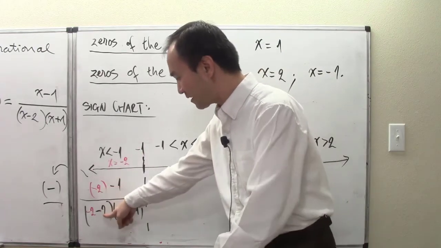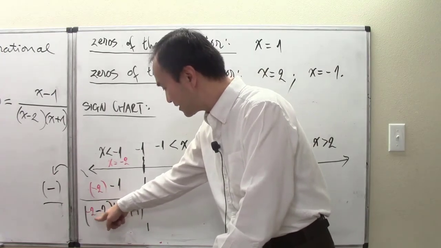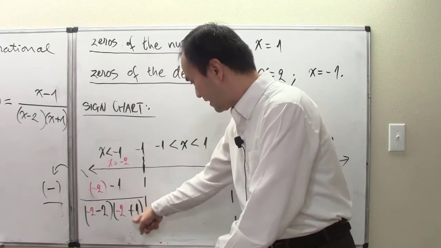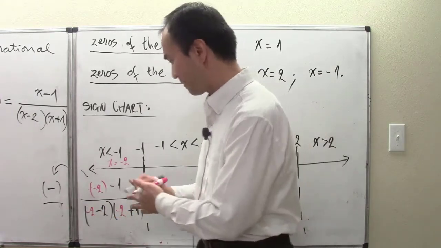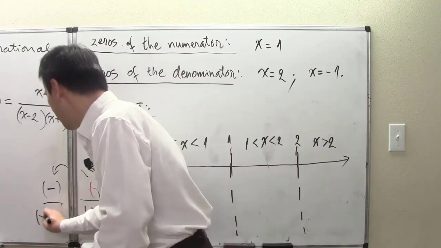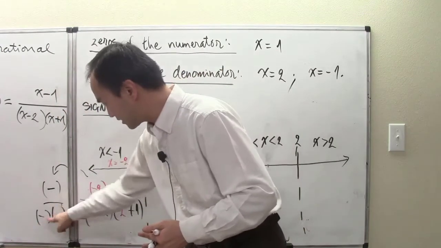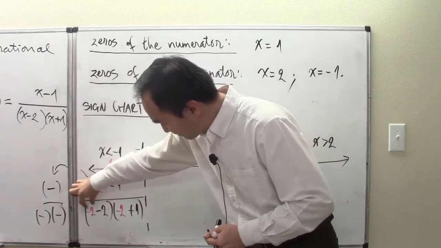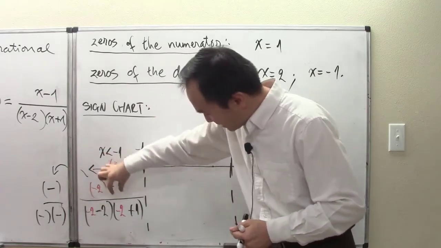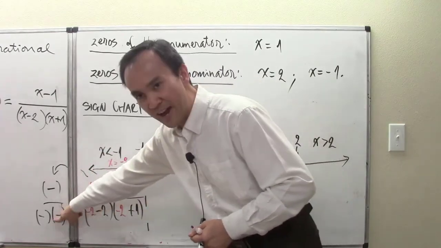The denominator is negative 4, a negative value, multiplied by another negative value, because negative 2 minus 2 is negative, and negative 2 minus 1 is another negative. So two negatives multiplied together.